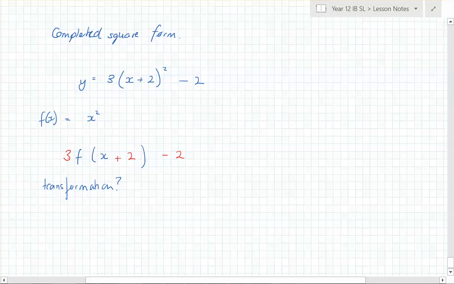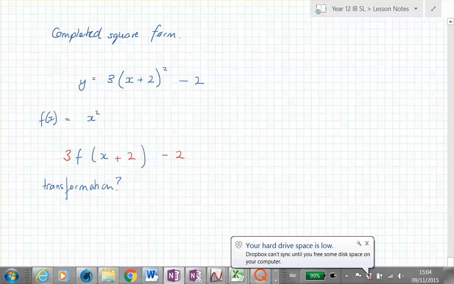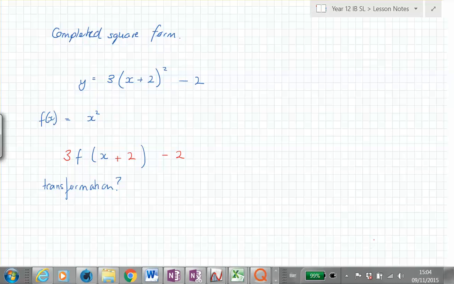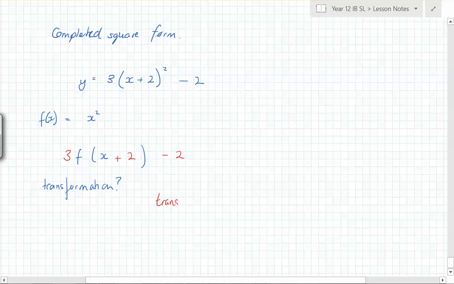Then the next question is, what is the combination of transformations? Shifting to the right. Well, let's use proper vocabulary. So, translation. We don't say left and right. How do you describe a translation?